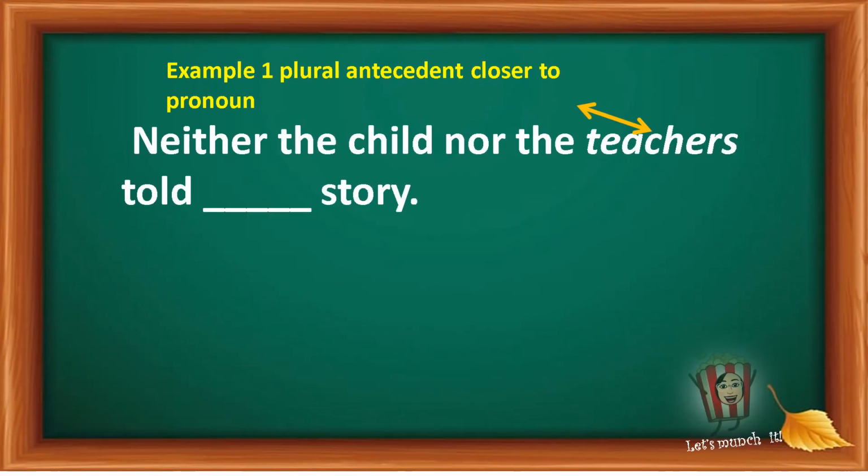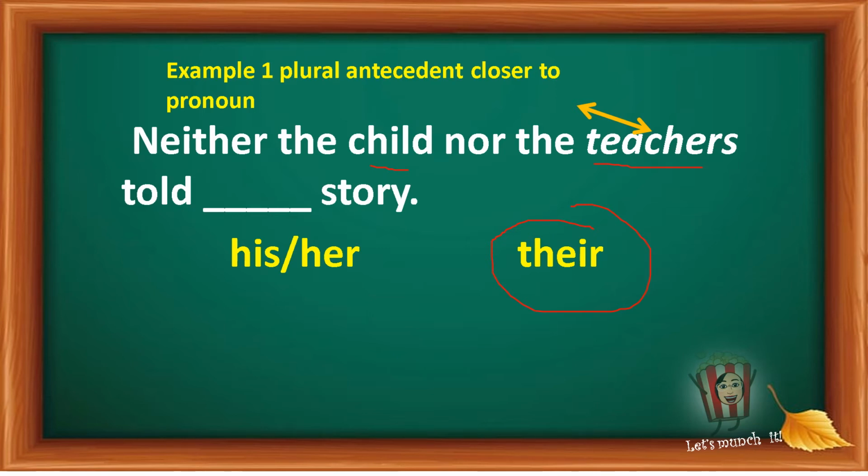What if you found this sentence? Neither the child nor the teacher told blank story. Should we use his or should we use their? In this example, we have to use the pronoun their. So we have two subjects in the sentence. We have the child and we also have the teachers.